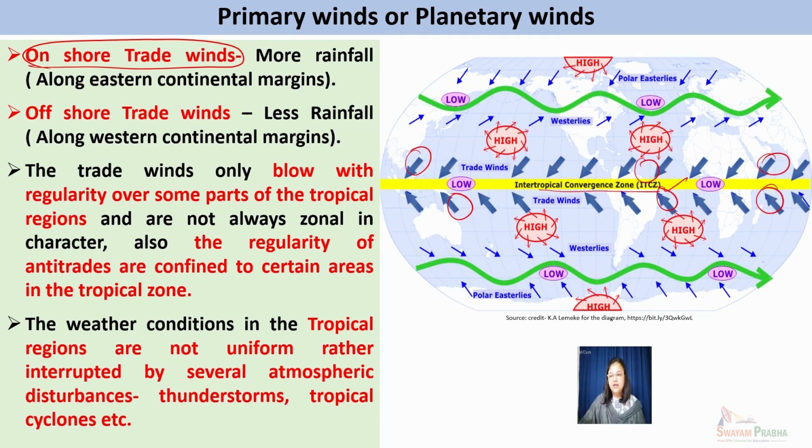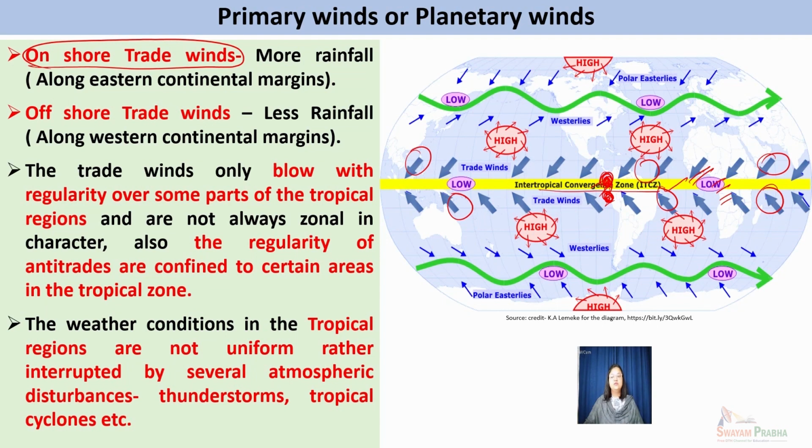Contrary to this, the western continental margins in the tropical areas have offshore trade winds because the trade winds blow out from these regions, leading to low precipitation along the western margins. So the trade winds are onshore along the eastern continental margins in the tropical areas, whereas they are offshore along the western continental margins in the tropical areas, affecting the rainfall regime in the tropical areas.